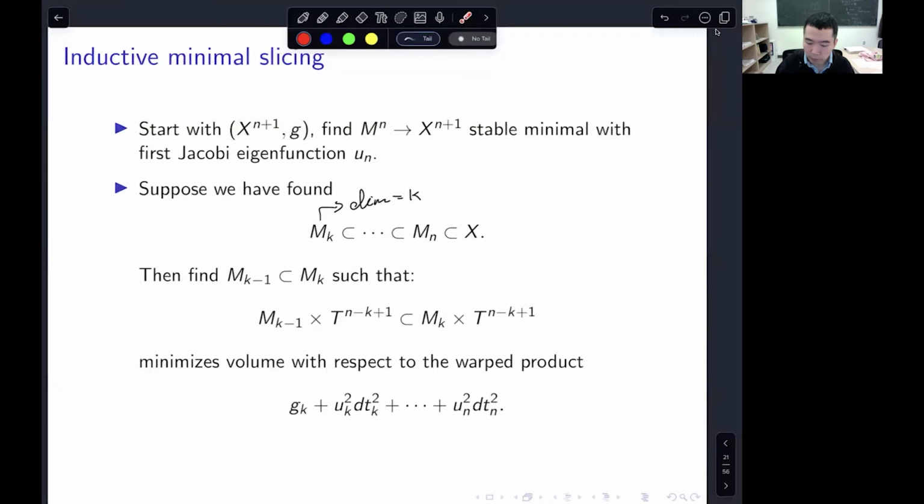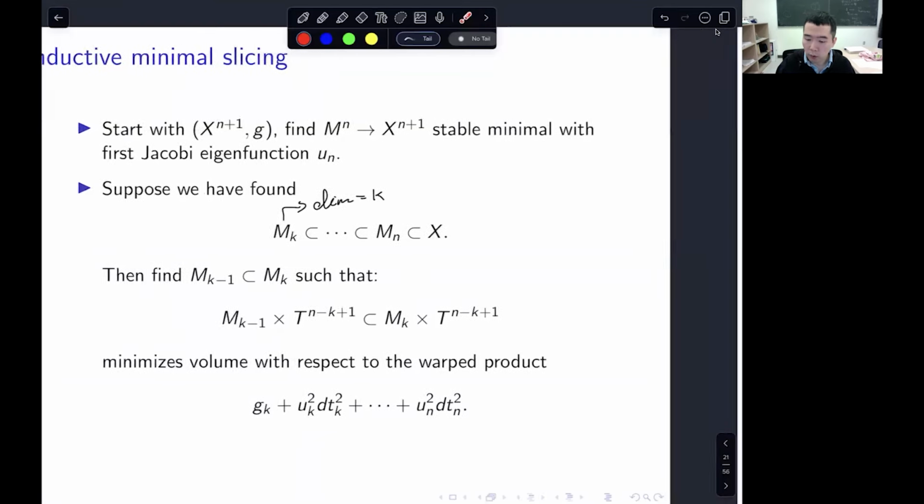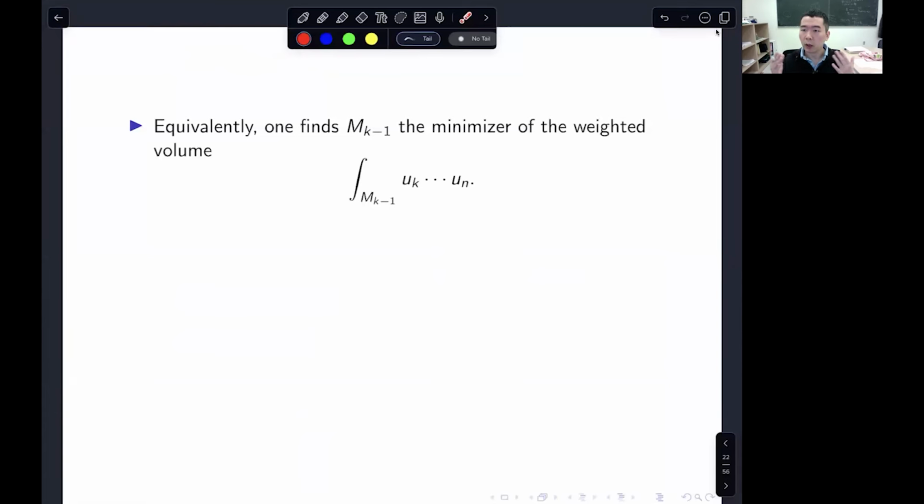Okay, so one can do that, or equivalently, if you do not want to talk about this S1 invariance of the minimizer, an equivalent way is to work inside M_k. Inside M_k, you just find a minimizer of the volume functional weighted by the previous Jacobi eigenfunctions. That's also fine, right?